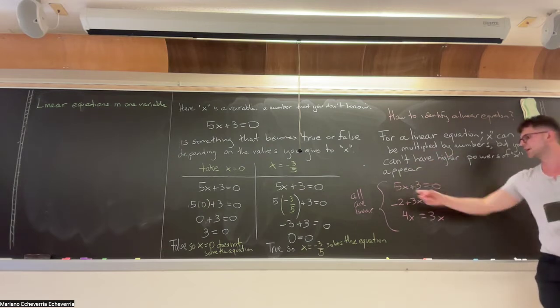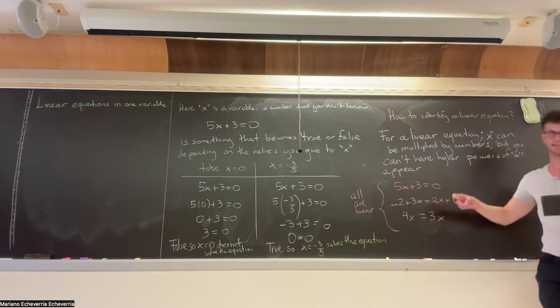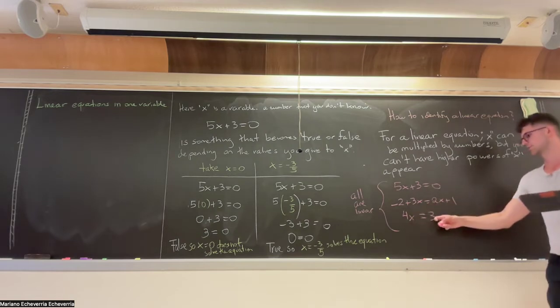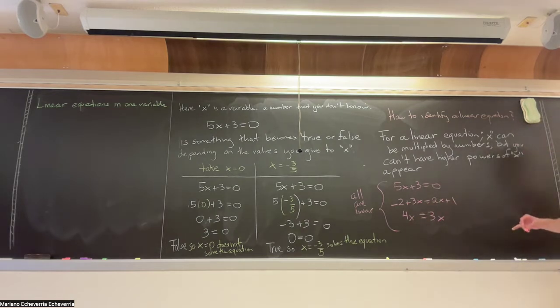So 5 with x is fine, 3 with x is fine, 2 with x is fine. Each of them satisfies the conditions.